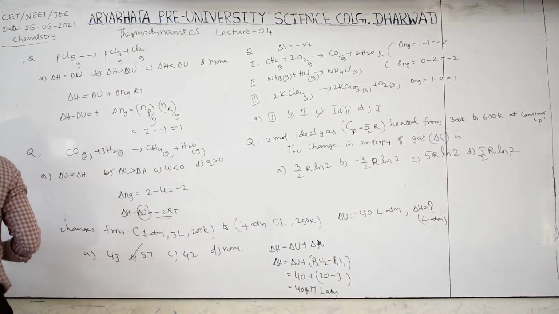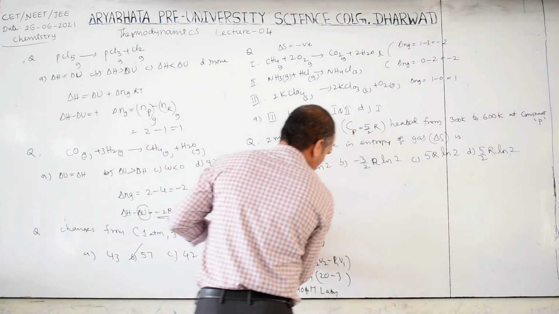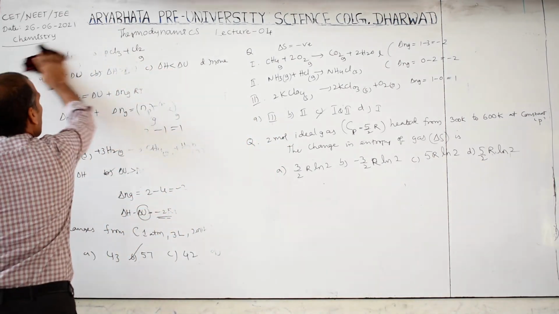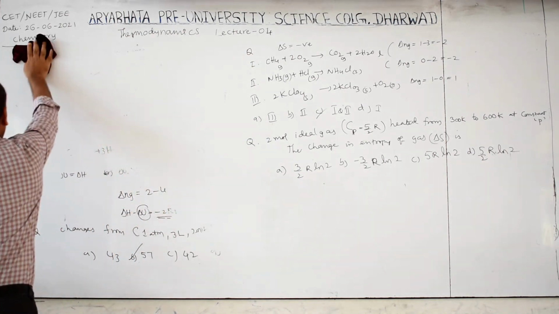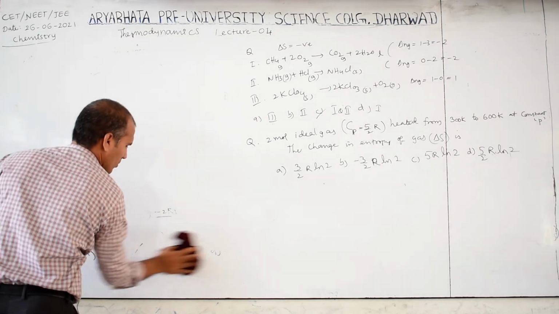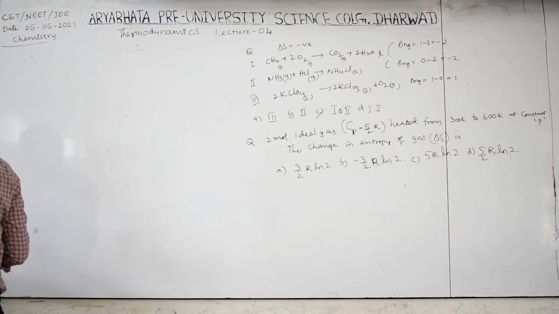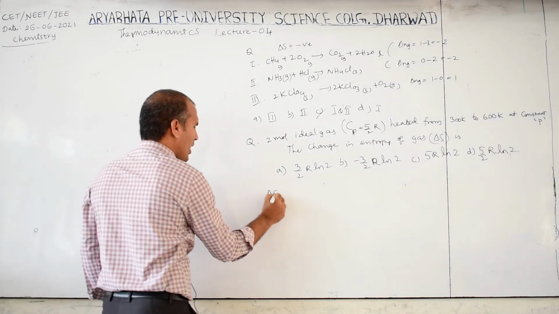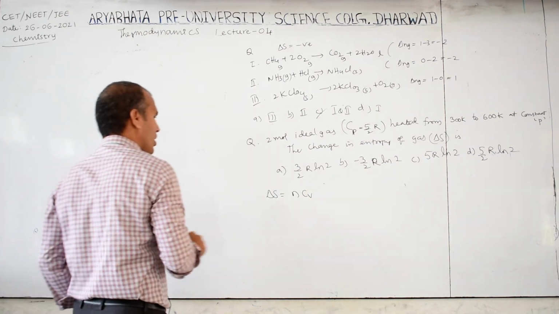Then you should know first the formula, how to calculate the entropy change. So first one is the formula. Here I will write delta S is equal to nCv ln T2 by T1 plus nR ln V2 by V1. These formulas are direct, I want to give here.